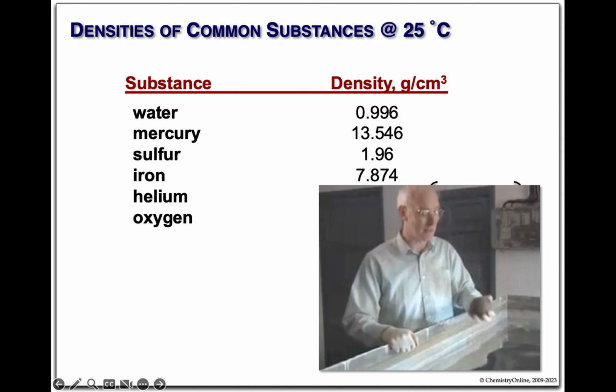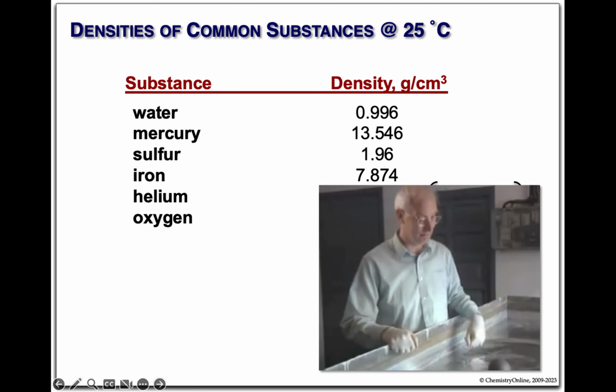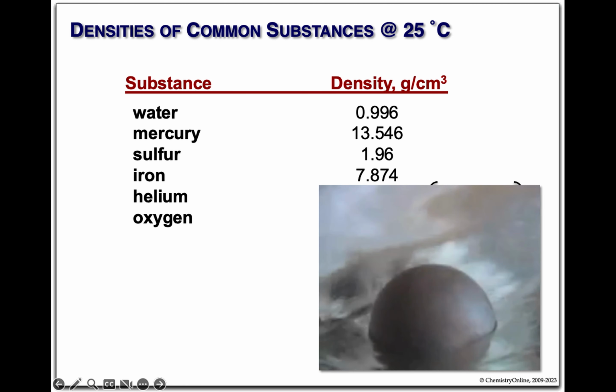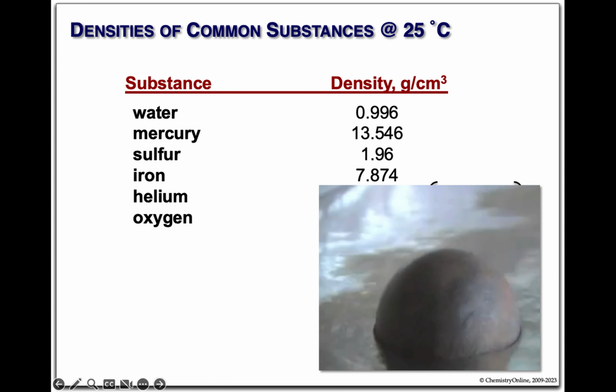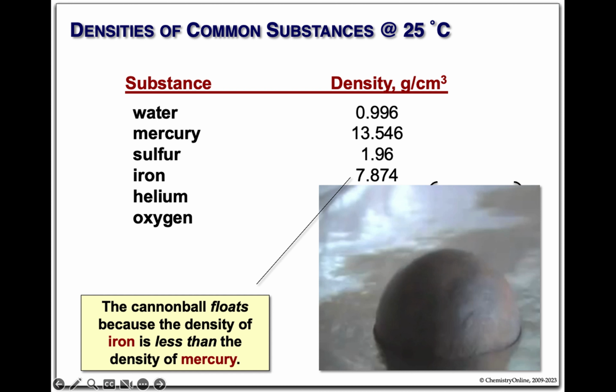Now, cannonballs are pretty heavy, aren't they? But by George, it floats. How about that? Why does it float? The density of mercury, 13.5. Iron for the cannonball is about 8. The less dense thing, in this case the cannonball, floats on the mercury.